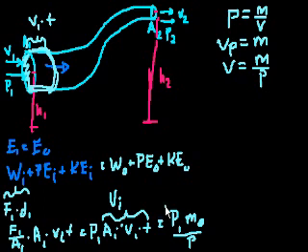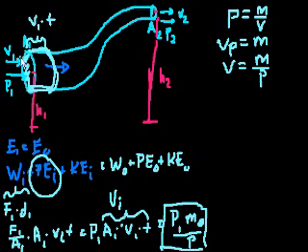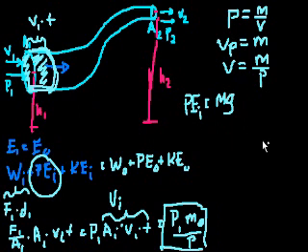So there we go. We have an interesting expression for the work being put into the system. What is the potential energy of the system on the left-hand side? Well, the potential energy input is going to be equal to that same mass of fluid that I talked about, times gravity times the initial height, h1.